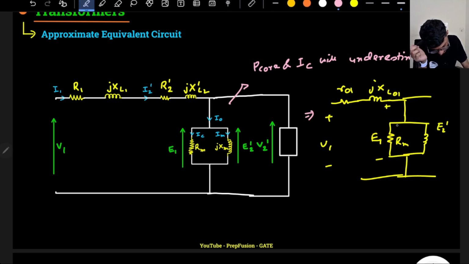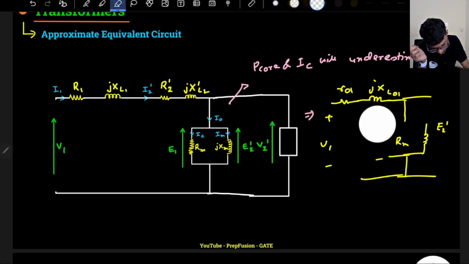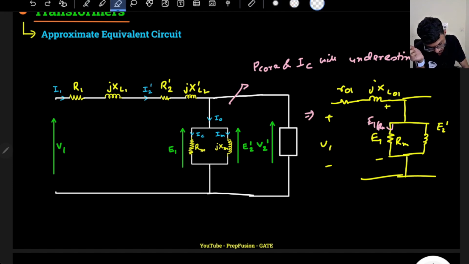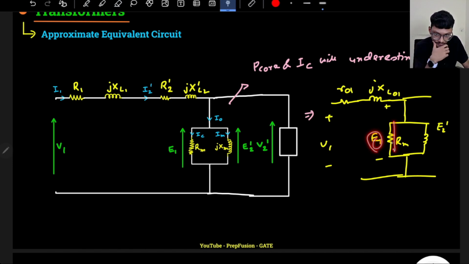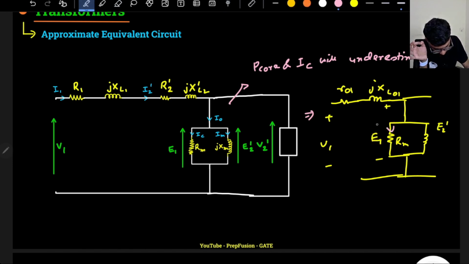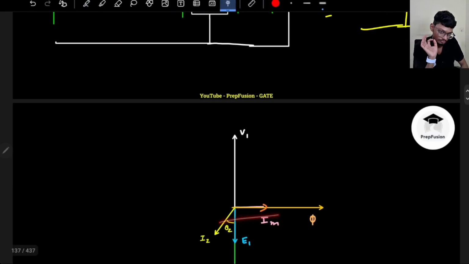Although you will say that this drop is across this Rm, some current is flowing, so here I have some current, that is IC core current, and this is I magnetizing current. So magnetizing current is here, no doubt, no problem with that.